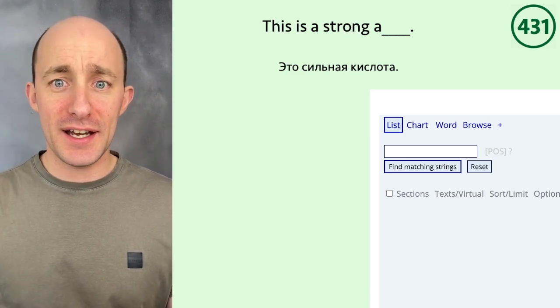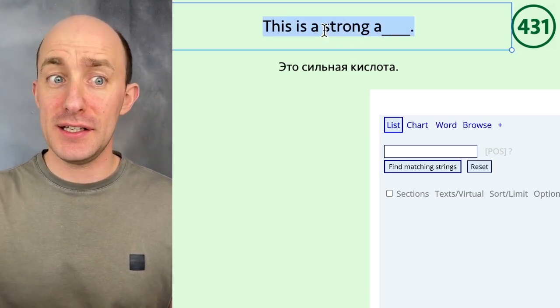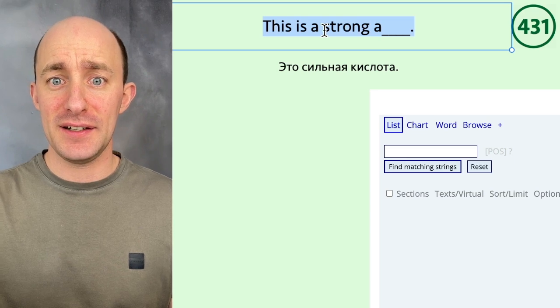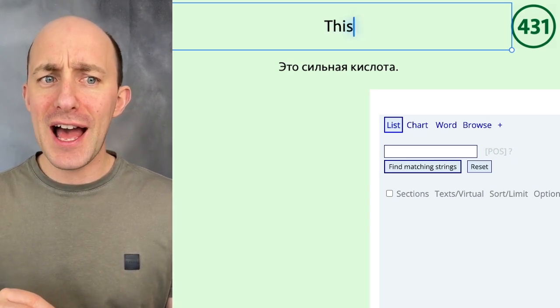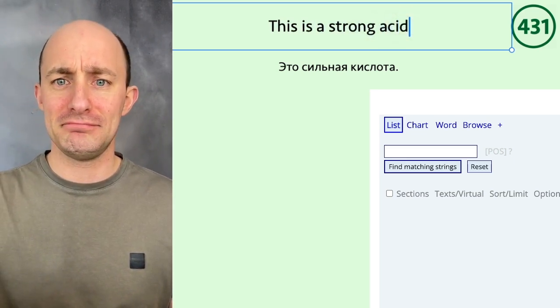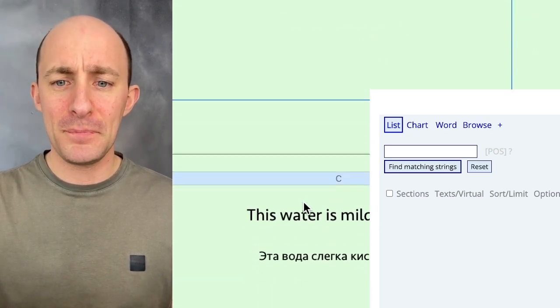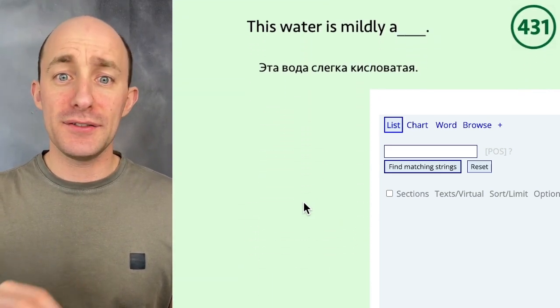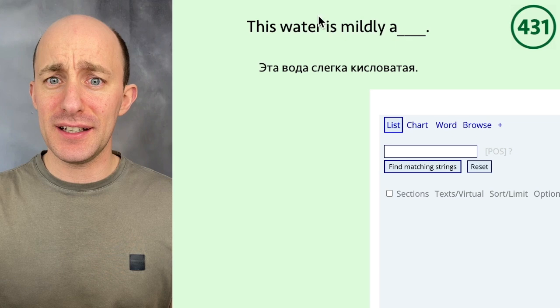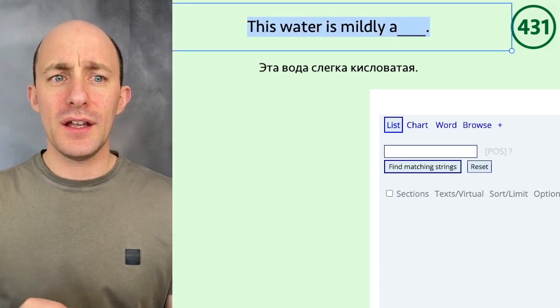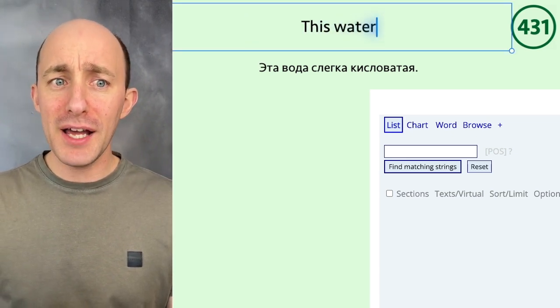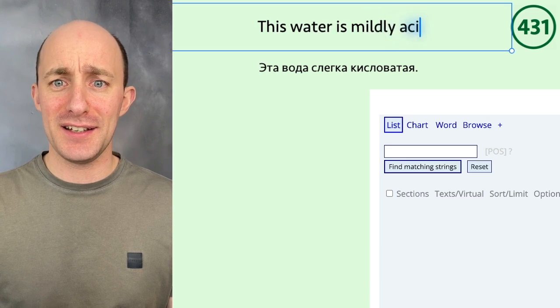Это сильная кислота. Кислота is acid. This is a strong acid. Acid. And эта вода слегка кисловатая. This water is mildly acidic.